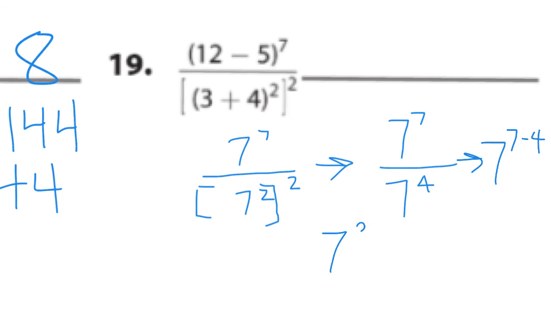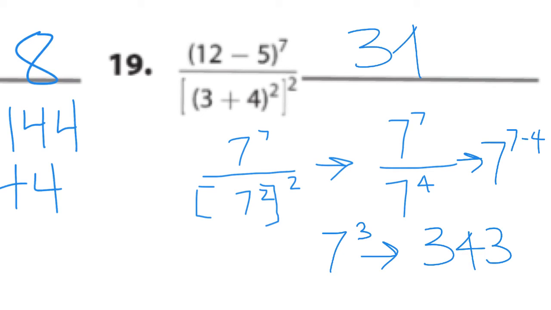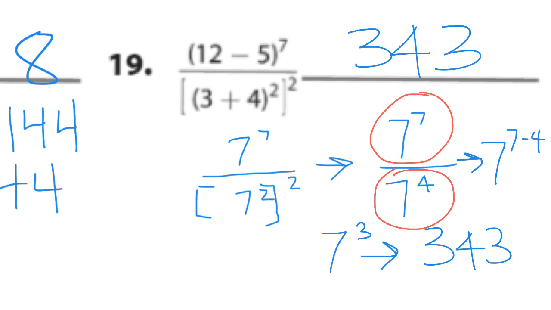That's 7 to the 3rd power. So 7 times 7 is 49, times 7 is 343. Now you definitely could have used your calculator to figure out that value and figure out this value. And then since fractions are fancy division, divide, and you would still get 343, but your numbers would be pretty large. Your calculator may not be able to handle them.